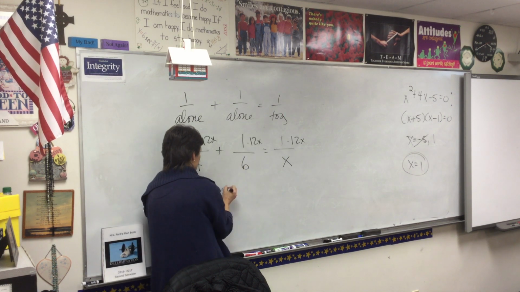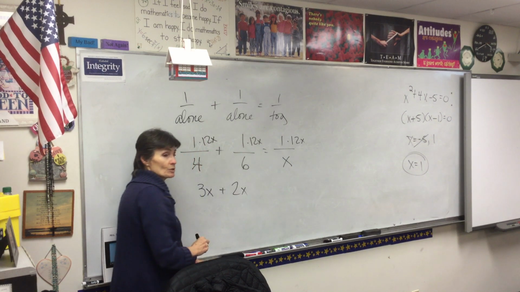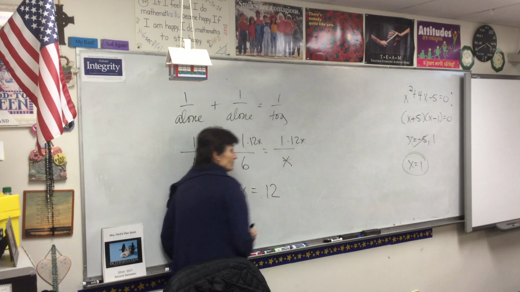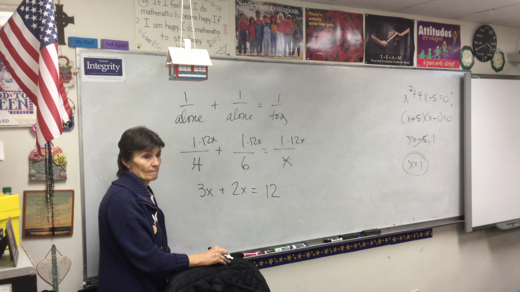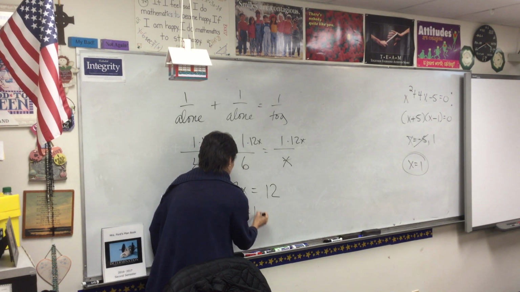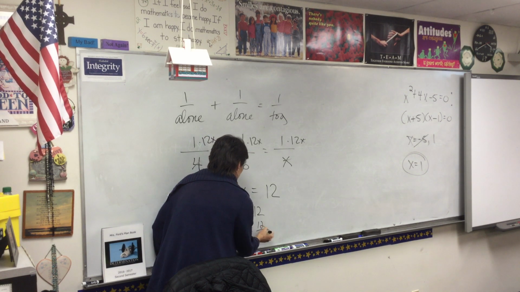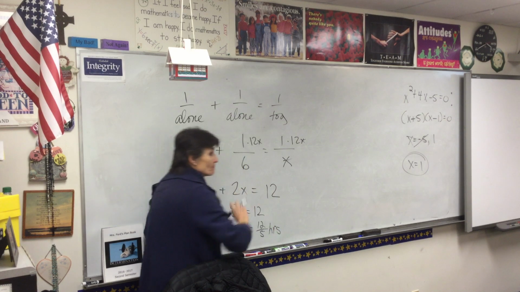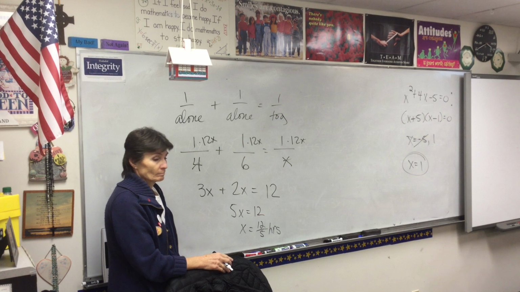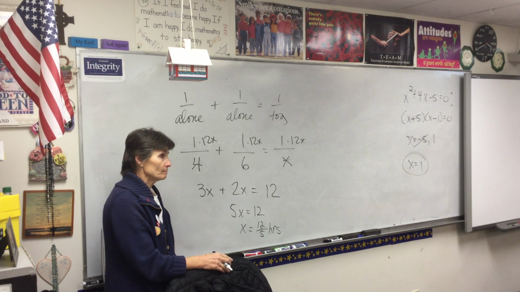The 6 will cancel and leave me with 2x. And the x's cancel and leave me with 12. So 5x equals 12 and x equals 12/5 hours. Okay?